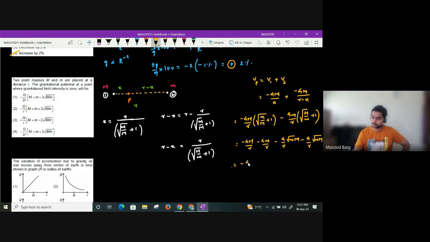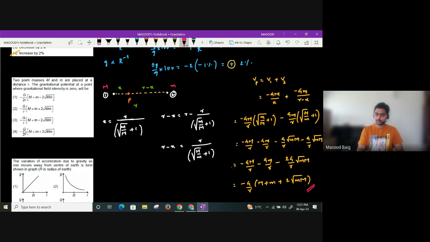This can be written as minus G capital M by r minus G small m by r minus 2G by r root over small m capital M. So if I take minus G by r common, you will get capital M plus small m plus 2 root of small m capital M, guys. This will be the potential at a point where field will be 0. Minus G by r capital M plus small m plus 2 root capital M small m.